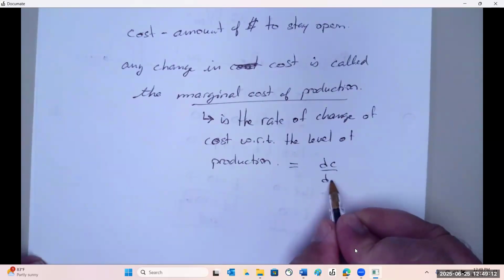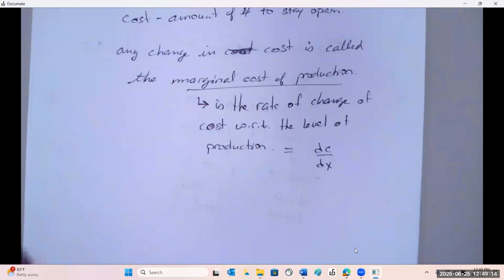So it's dc over dx. That's marginal cost. It's the derivative. So it's the derivative of the cost function. And there you have a whole field of economics determining the revenue and cost and profit functions. They're based on so many different variables. Very, very complex.